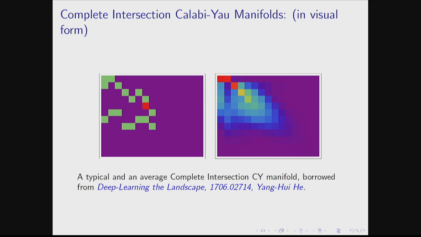This is some random CC configuration matrix, and this is an average one. But truth be told, we have not actually used this visual representation as our inputs. This is just for aesthetics for this talk.